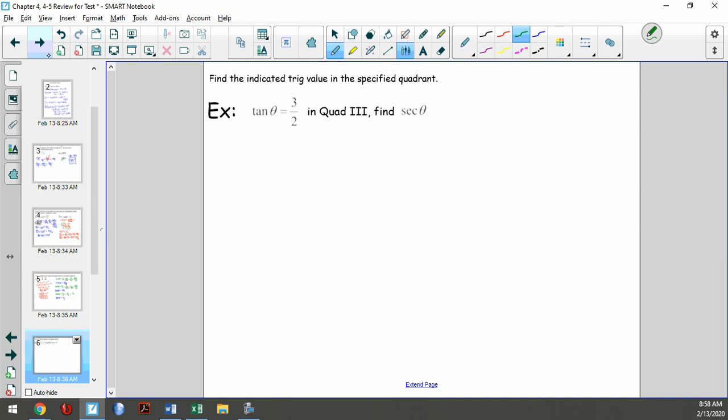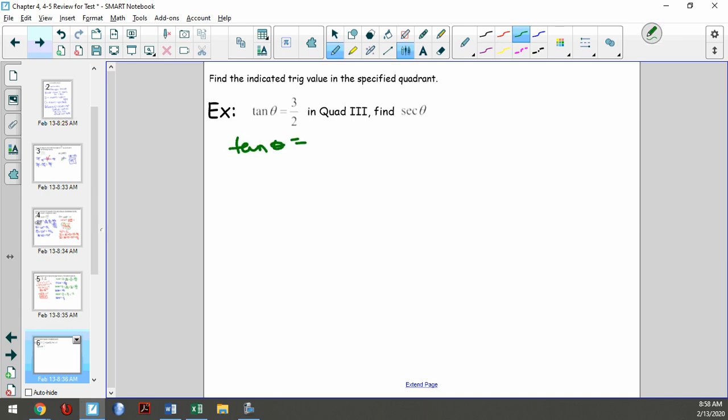So this says, find the indicated trig value in the specified quadrant. So how do I find the indicated trig function, which is secant, if I'm given that the tangent of theta is equal to 3/2? I'm in quad 3, but I need to find the secant. Well, there's a couple ways you can go about this, truly.